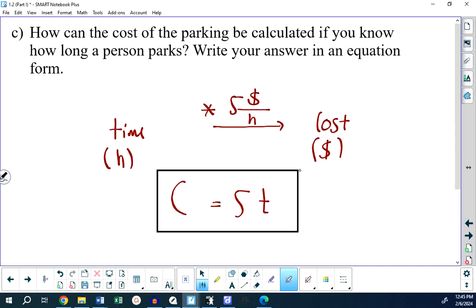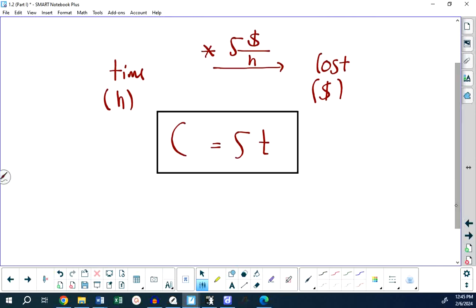Before I go on, I want everybody just to make a note that our cost is Y and our time is X. That's going to be important in a minute.